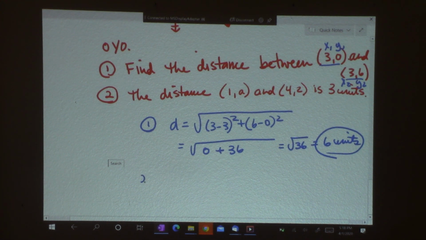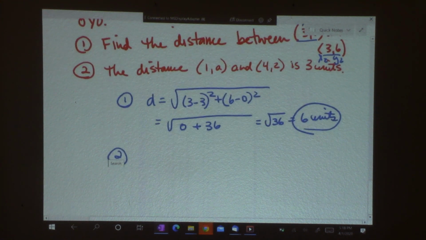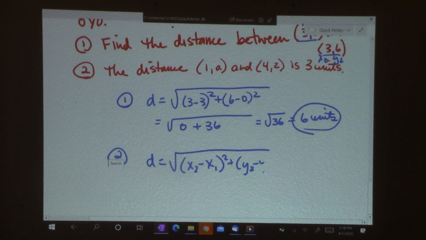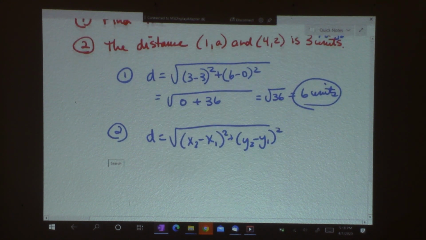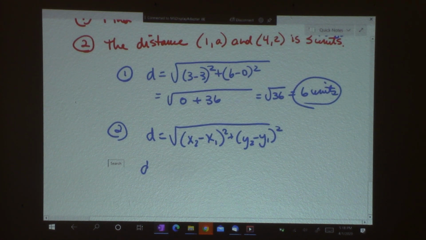All right, number 2. I'm going to write my formula: D equals the square root of (x2 minus x1) squared plus (y2 minus y1) squared. Okay, and I know my distance here is 3.